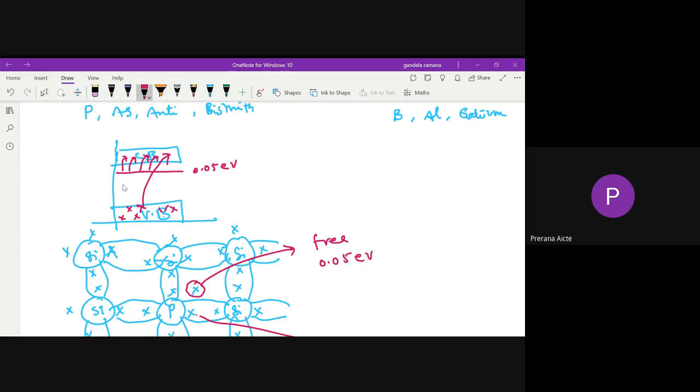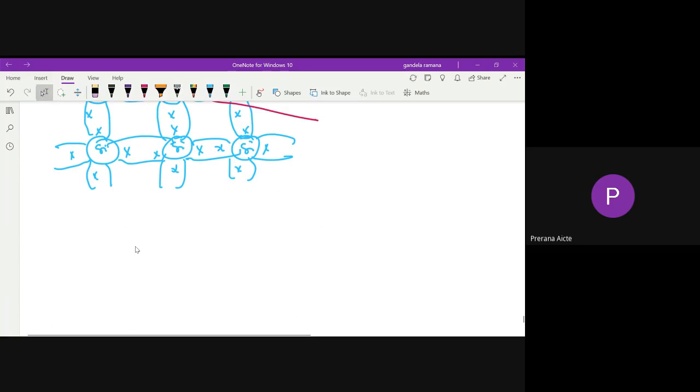Because of that, majority carriers in n type are electrons. Minority carriers are holes.